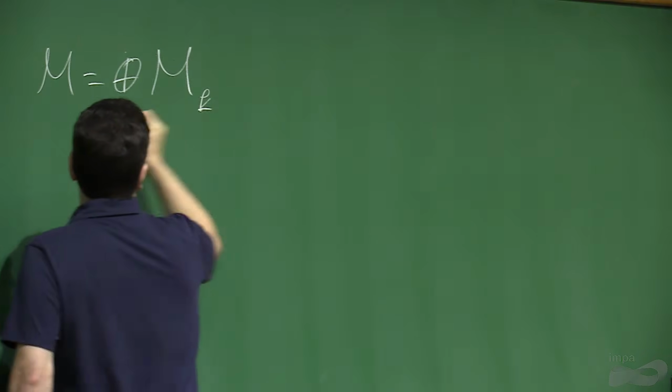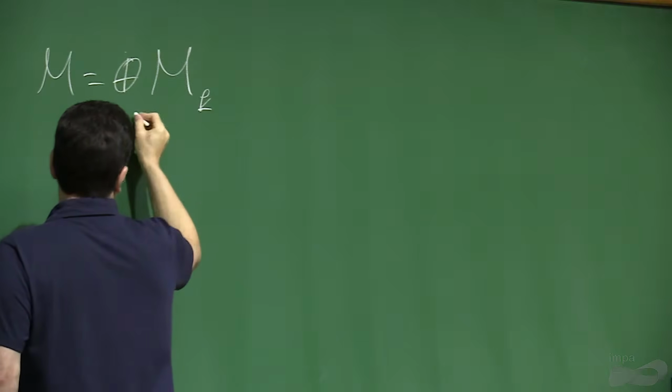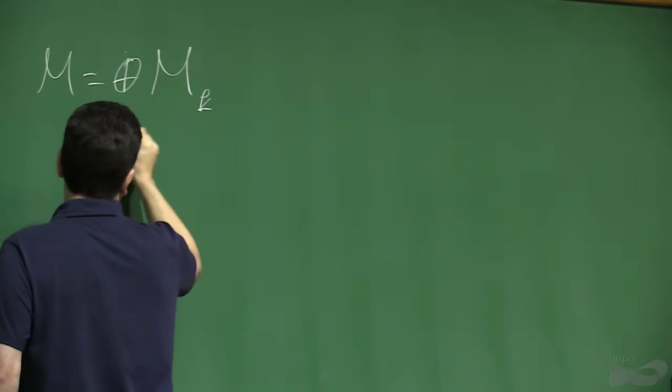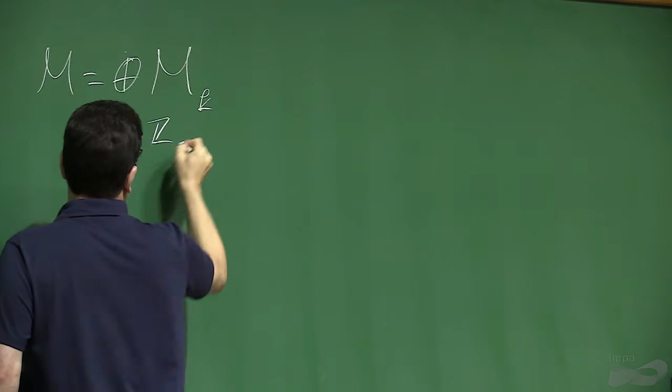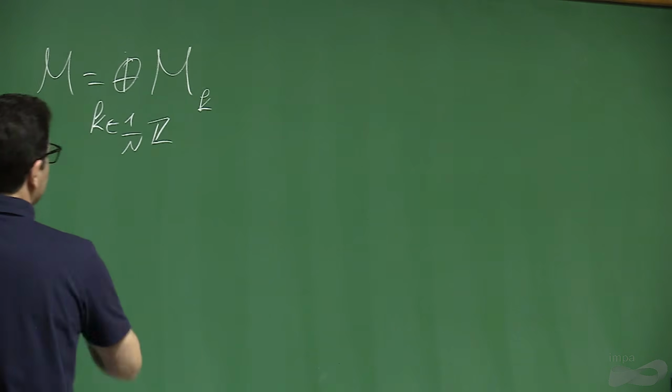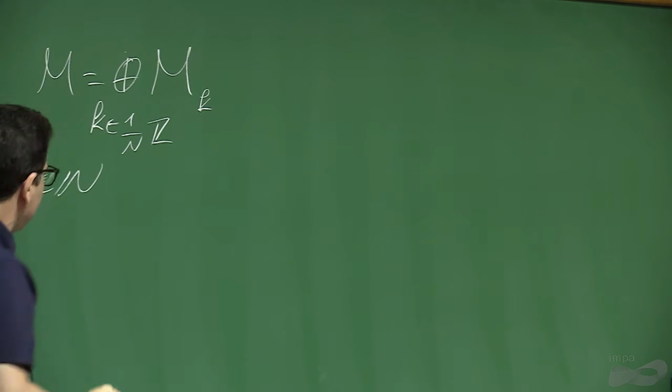In the case of the modular space, we have just positive weights, but now we are going to consider a graded space or graded algebra where the weights can be rational as well. Here n is a natural number.